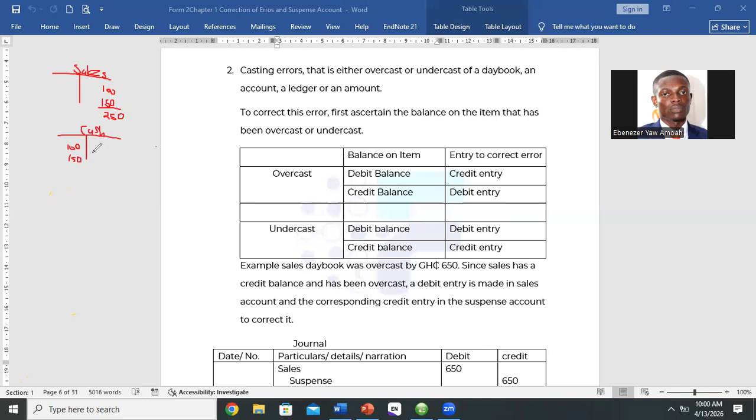So instead of 250, we ended up casting the figures in cash as 350. So professors, is this an overcast or an undercast? Whoever is ready can tell. Is this an overcast or an undercast?